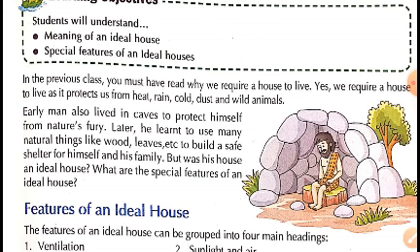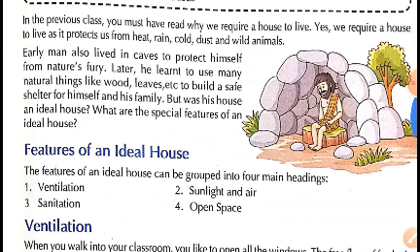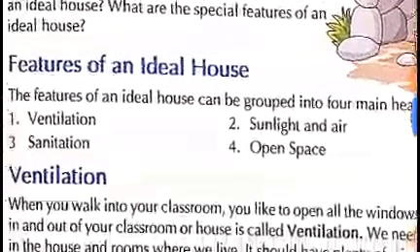A house is a place where we feel most comfortable and relaxed. There are a few points which have to be taken care of while building a house, so that our house becomes an ideal house.